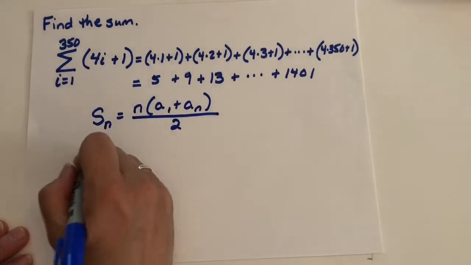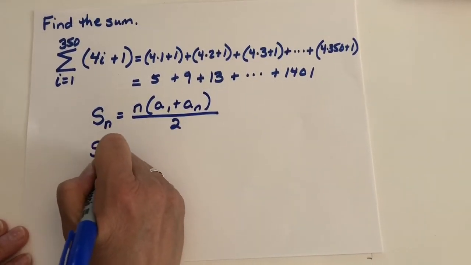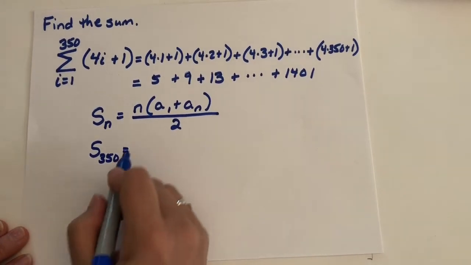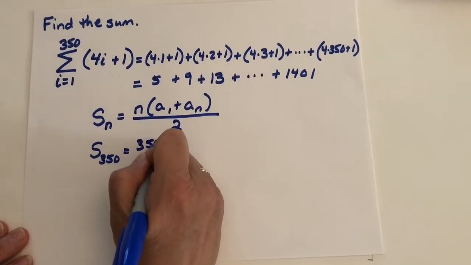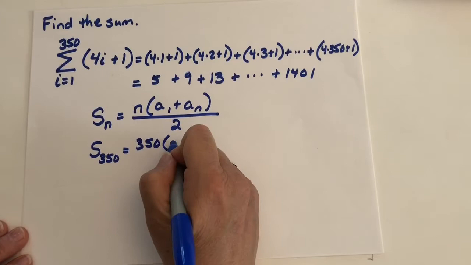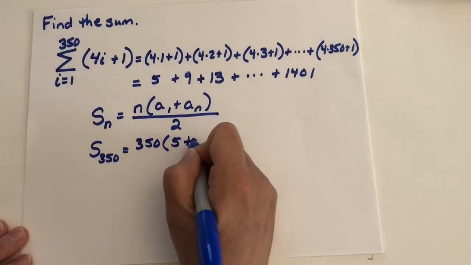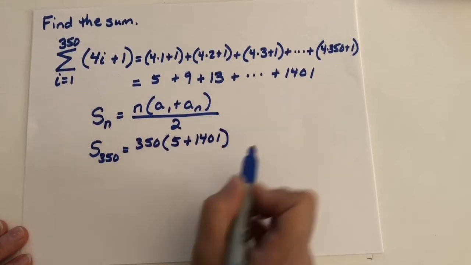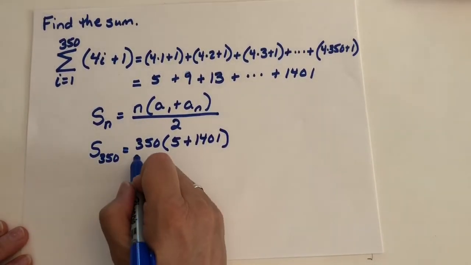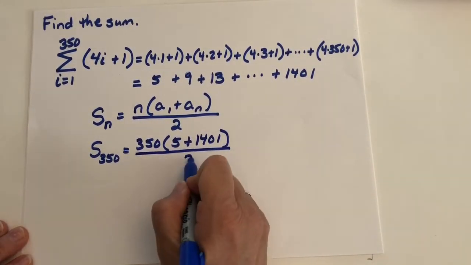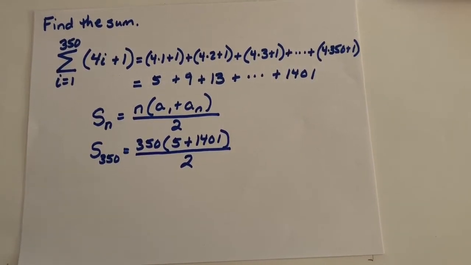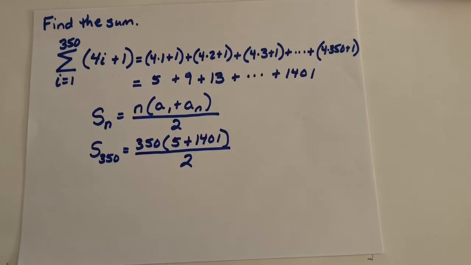So when we substitute in 350 for n, we have 350 times the first term plus the last term. And by the last term, I mean the 350th term, divided by 2. So now we have a little arithmetic problem to do.